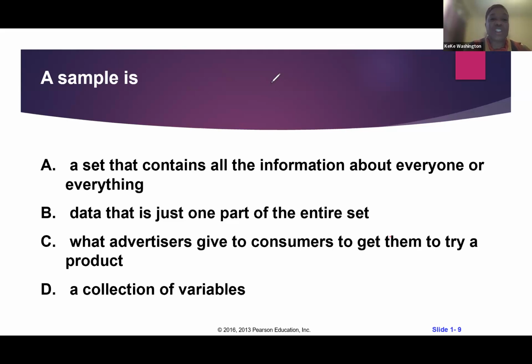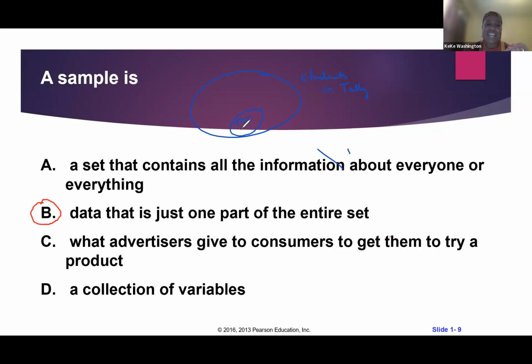So we're interested in everybody in the population. So let's say I'm interested in students in Tallahassee. Now, what is a sample? A sample is just a small subset of that population. So I could say TCC students. That is a sample of that population, but it's not a good sample.